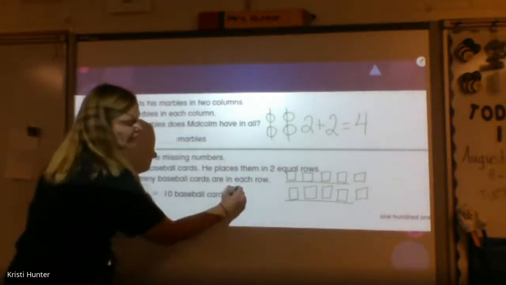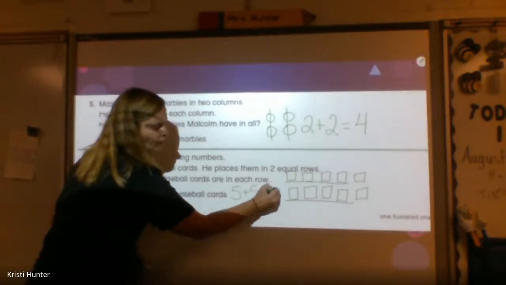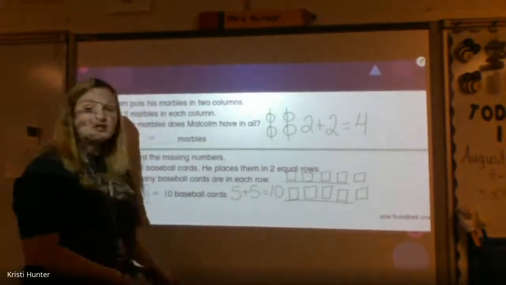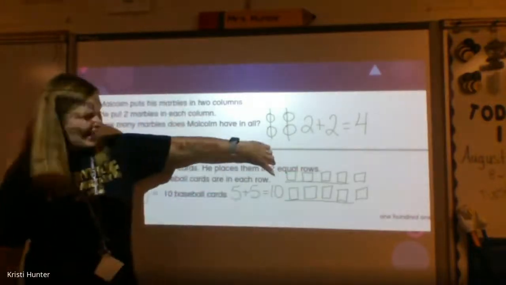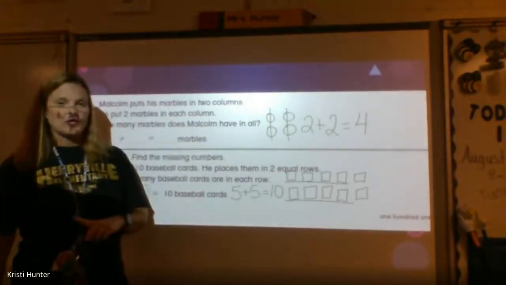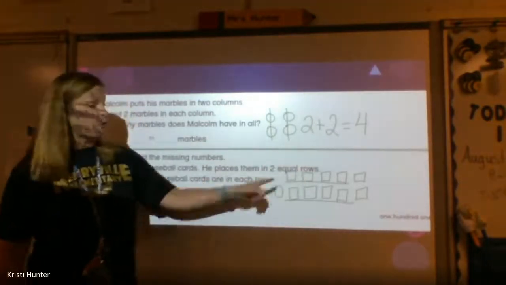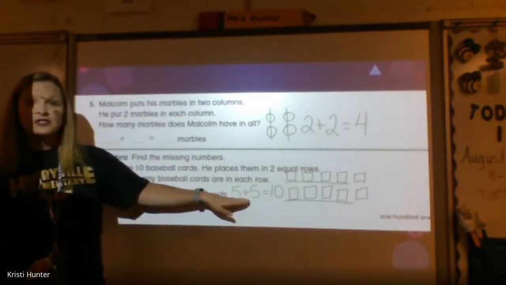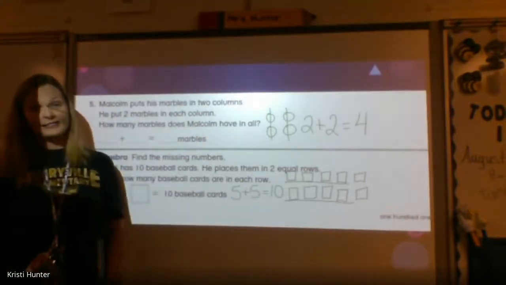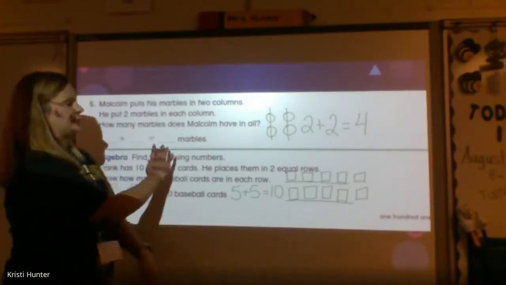My equation would say 5 plus 5 equals 10. We found our missing number. We knew that Frank had 10. So we split it into our 2 equal rows and drew our array. And now we have our equation, and we already knew our answer. Okay? All right, let's take a look at another array here.